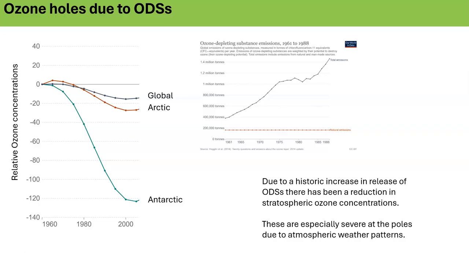They accumulate, and so they become lower concentrations of ozone, especially at the Arctic, and especially the Antarctic.